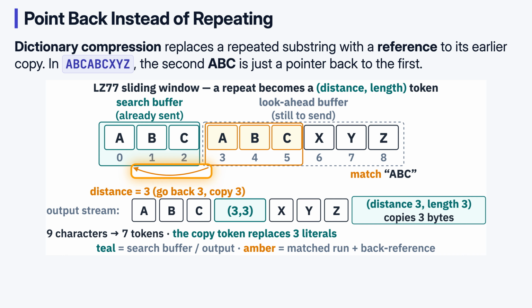Rather than send those 3 letters twice, the encoder sends the second ABC as a pointer that says, "Copy the 3 letters you saw a moment ago." The dictionary is simply the text already sent, and a repeat that sits within that window and is long enough to be worth a reference can become a compact pointer.